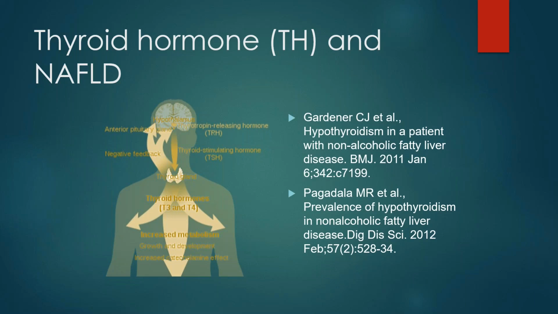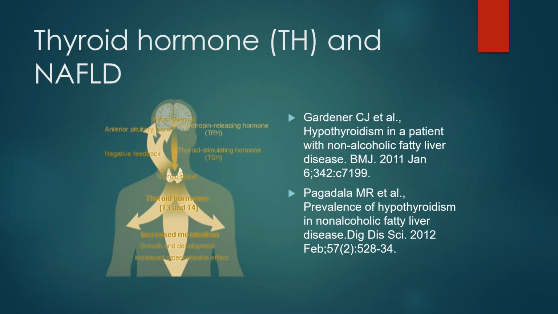It helps in growth and it increases metabolism. It's basically a catabolic hormone, so it helps in breaking down big molecules into smaller ones through catabolic reactions. It is known that if a person is hypothyroid, they gain weight, and if they are hyperthyroid, they lose weight. So definitely it has a very potent effect on lipid metabolism.